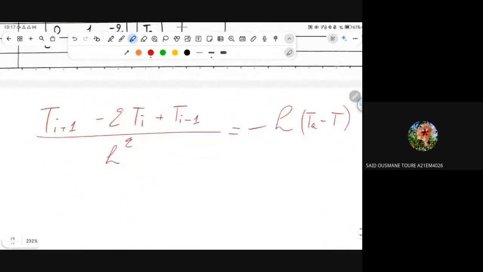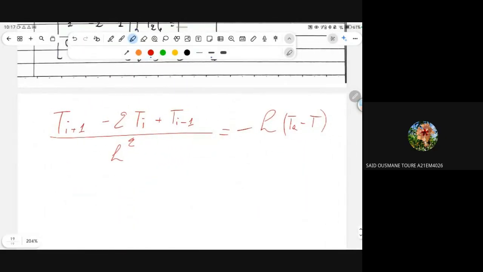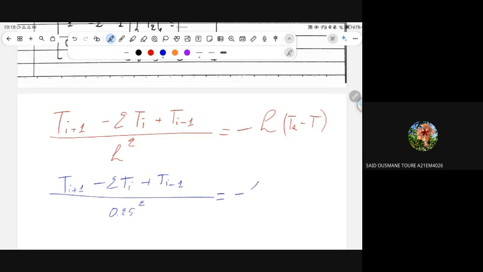Okay, so it's better to give it a value now so that we don't confuse the two later. So H equals to, later. Okay, so Ti plus 1 minus 2 Ti plus Ti minus 1 over 0.25 square equals to minus H (Ta minus T).